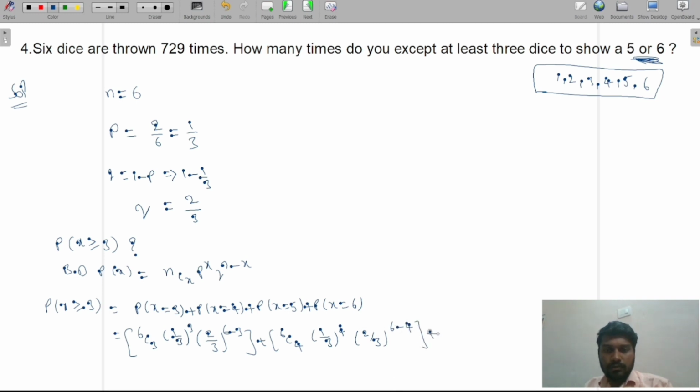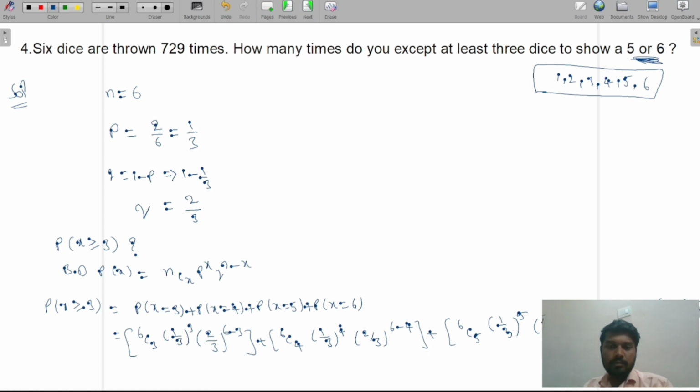Now at x equal to 5, 6c5 (1/3)^5 (2/3)^(6-5), plus at x equal to 6, 6c6 (1/3)^6 (2/3)^(6-6).